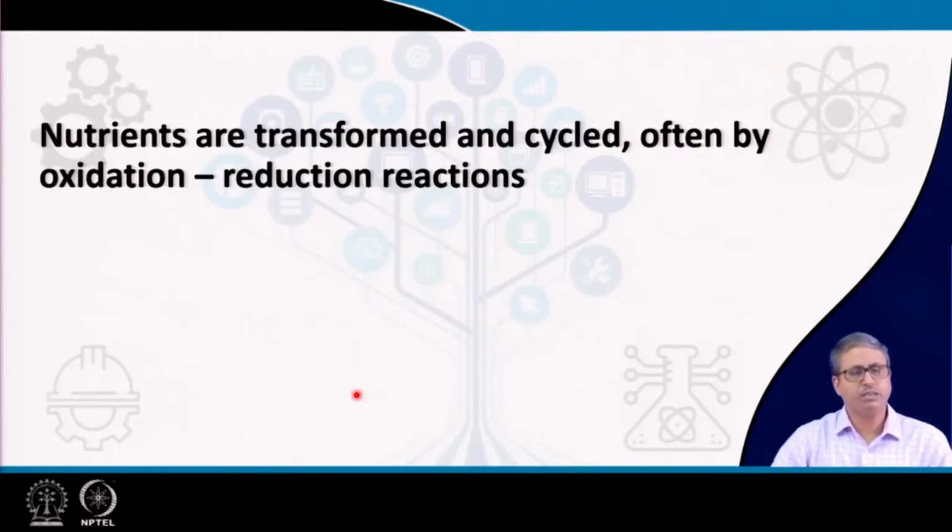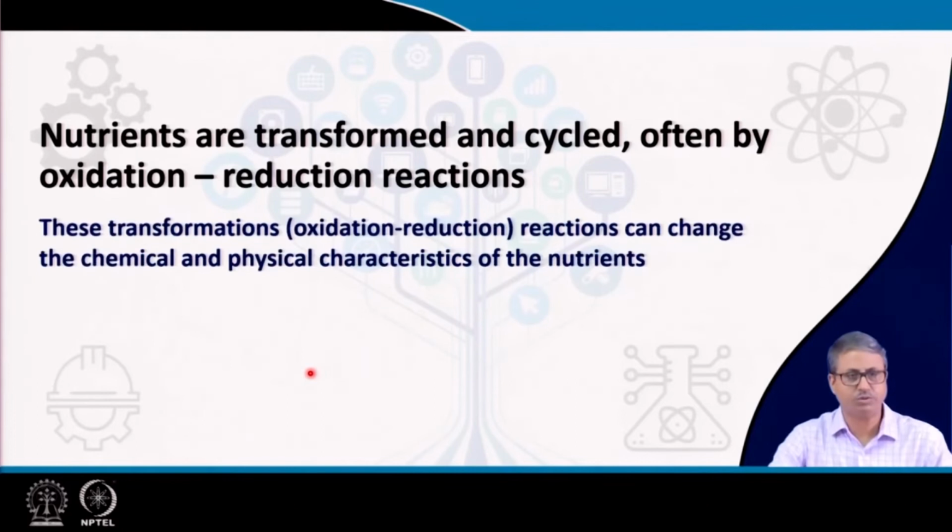Now, within biogeochemical transformation, the study of these reactions, we see that the nutrients are transformed and cycled, often by the involvement of a very specific set of reactions called oxidation reduction reactions, that is, something is oxidized or something else is reduced. These oxidation reduction reactions can change the chemical and physical characteristics of the nutrients as well.